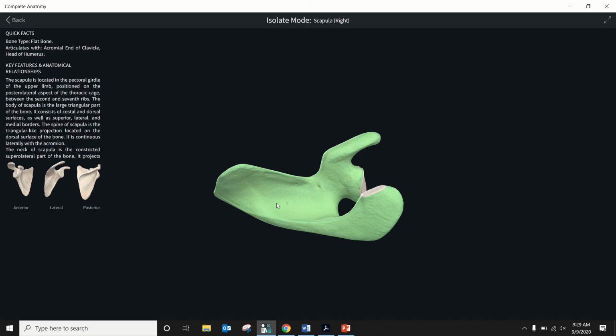Another of the rotator cuff muscles originates there: supraspinatus, S-U-P-R-A-S-P-I-N-A-T-U-S. Supraspinatus is the most commonly injured of the rotator cuff muscles.